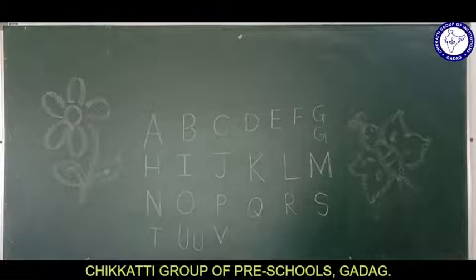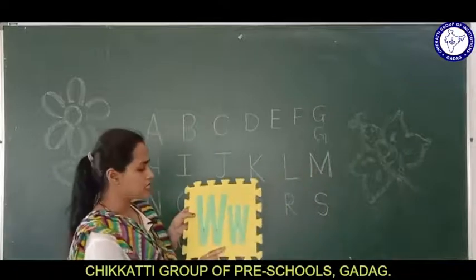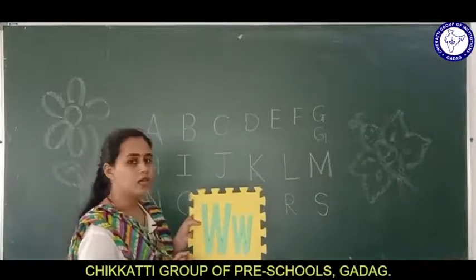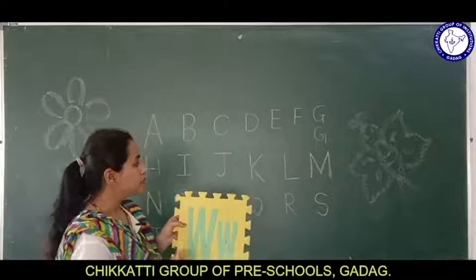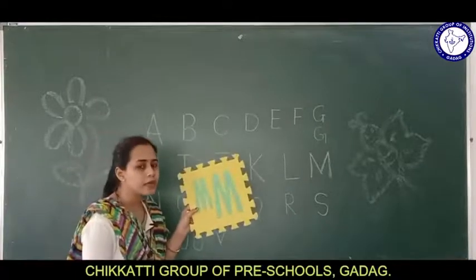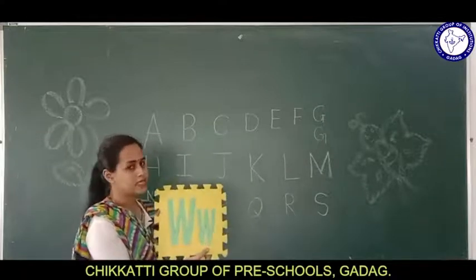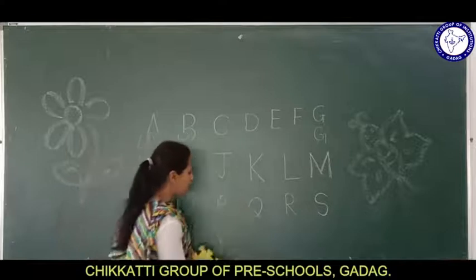Here is the next letter, which is W. It's a reverse of M. If you make it like this, it looks like an M, right? So if you put it the correct way, it's W. How to write W?